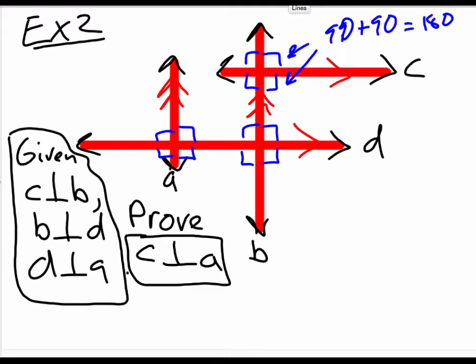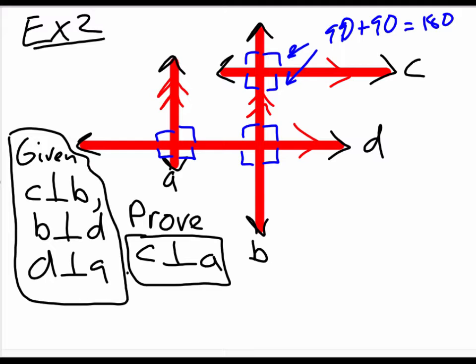Well, if A and B are parallel, wouldn't you do kind of the converse, right? If A and B are parallel, and C is perpendicular to B, what does that tell you about C and A? That C is perpendicular to A, if they intersect, which they would, if the lines are kept on drawing.